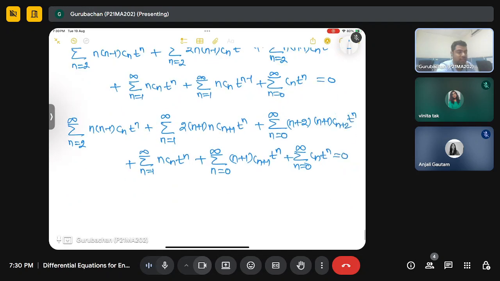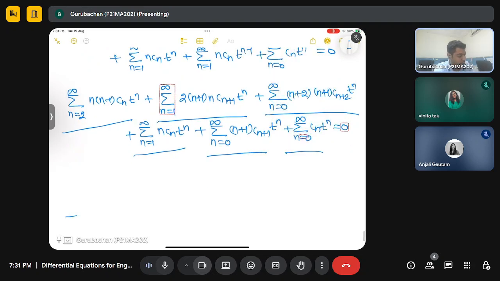So all the powers have become the same. Let me see from which expression we can form the difference relation. This one is starting from n equal to 2, the others are starting from n equal to 1 or 0. So from 2 we can make it separate, summation n=2 to infinity.